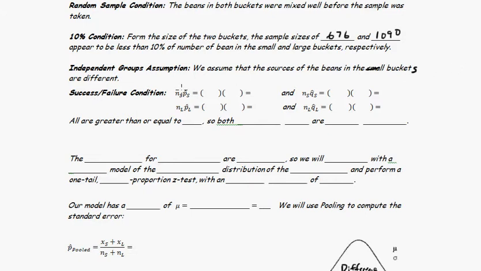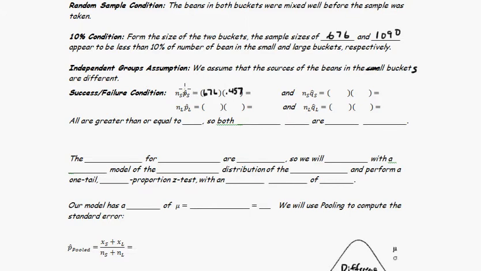Success failure condition. Well, now we just have 4 of these. So 676 times p hat, the sample. So here's the beginning of something new, and I'm going to try to point these out as we go along.